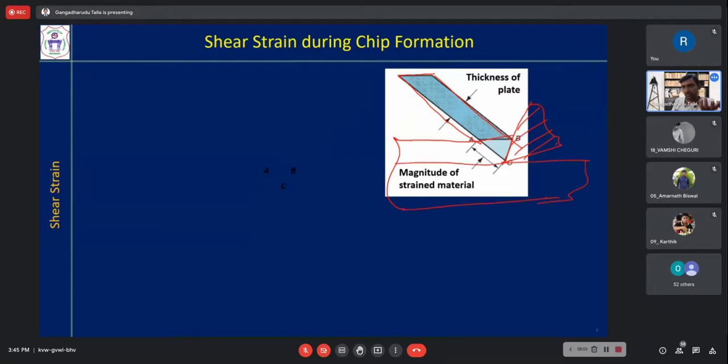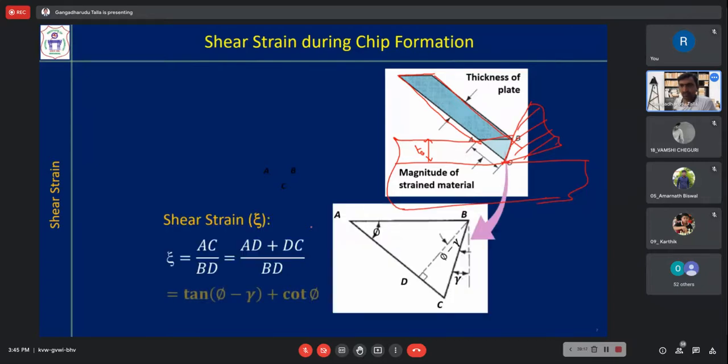So this is TO. Now you consider this triangle ABC. Okay, let us see it step by step. For better clarity, I will remove all the ink.